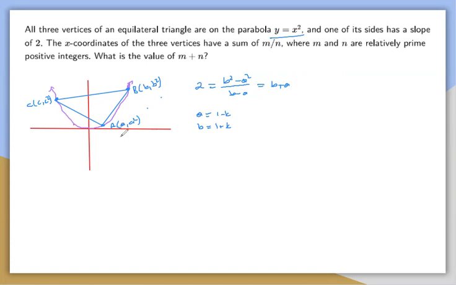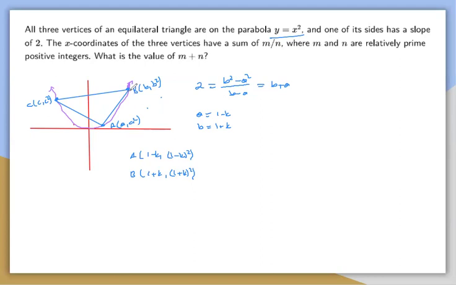Based on that, point A is (1 minus k, (1 minus k) to the second power). You can explain if you like, but I'm going to leave it for now. And then B is (1 plus k, (1 plus k) to the second power). Okay, so now we have these, but what else do we have? We have the slope, which we used a bit, but we maybe can try something else as well.